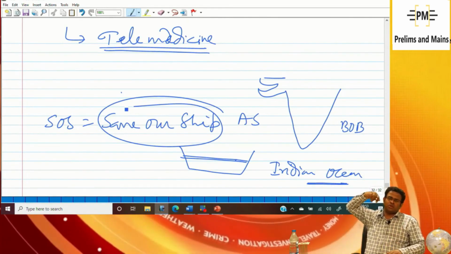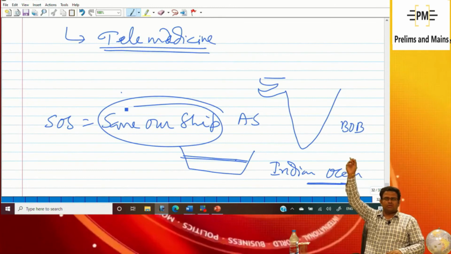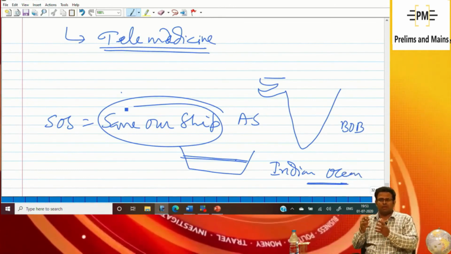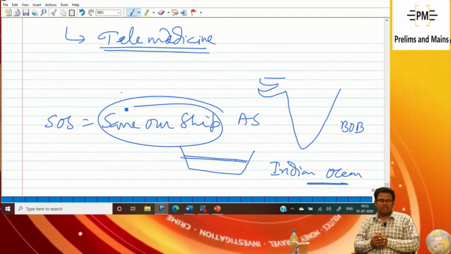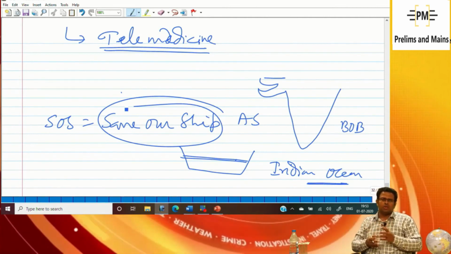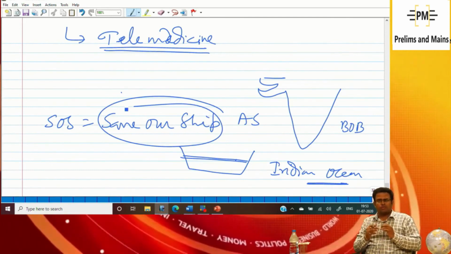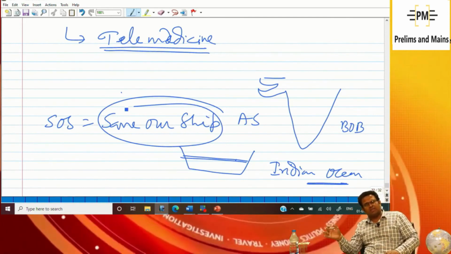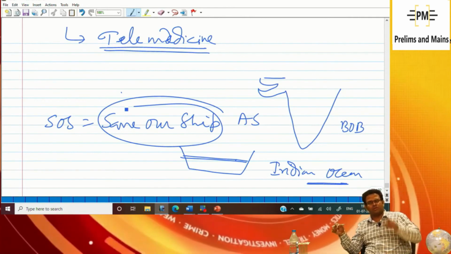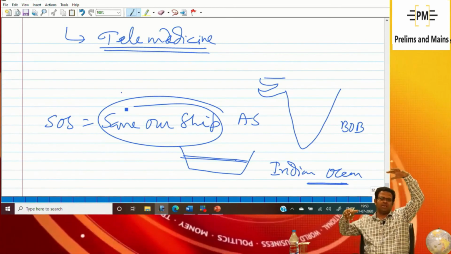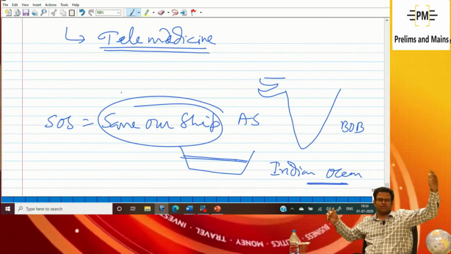Then it will send an SOS signal to this geo satellite, and that will send it to the nearby regions, maybe Madagascar, maybe Maldives, maybe India. The signal will go everywhere, and those nearby will come to know, and at the same time any nearby ship will also come to know, because all are connected with the signals.